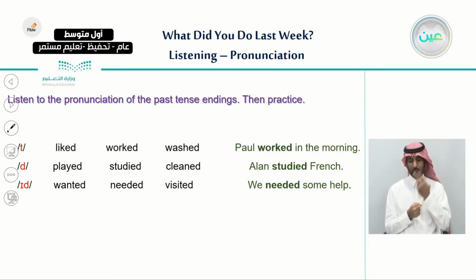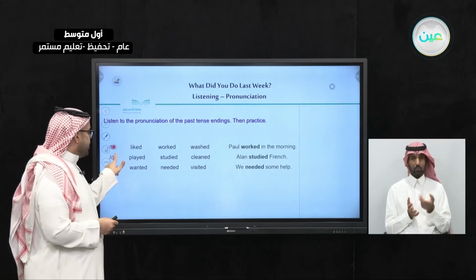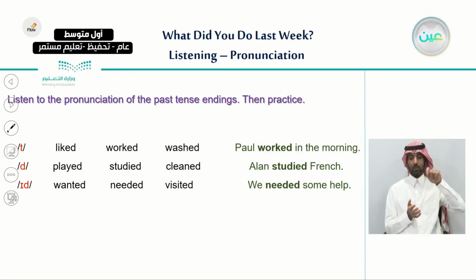We usually pronounce the ending of these verbs with the sound t. For example, we say liked, also worked, and here washed. For example, when we have a sentence like this, Paul worked in the morning.